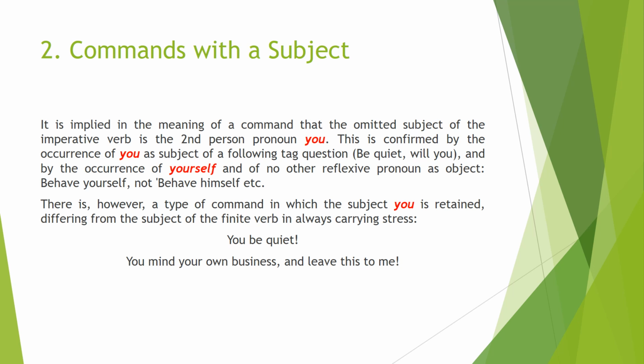Can I say behave himself or behave herself or behave themselves? No, I am talking to you. And because I am talking to you, the suitable reflexive pronoun that reflects back the subject you is yourself. So it becomes behave yourself.